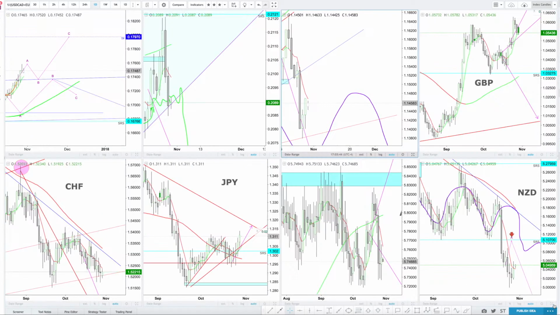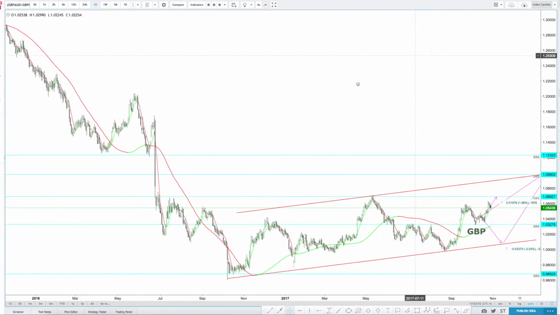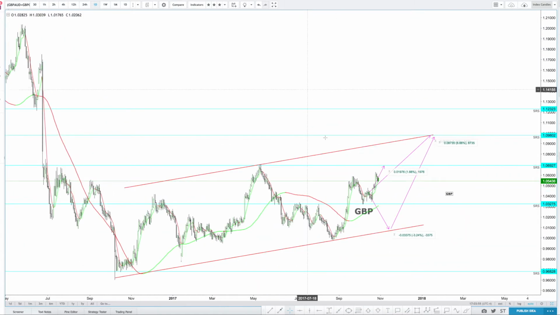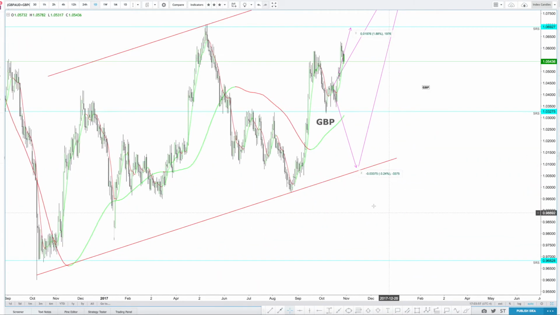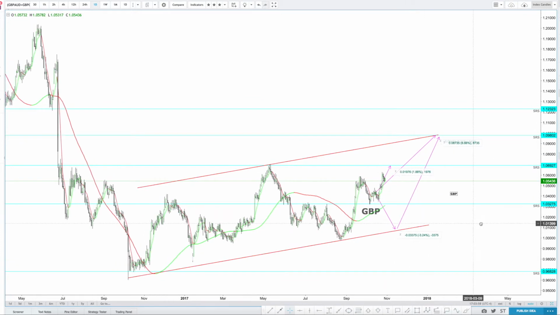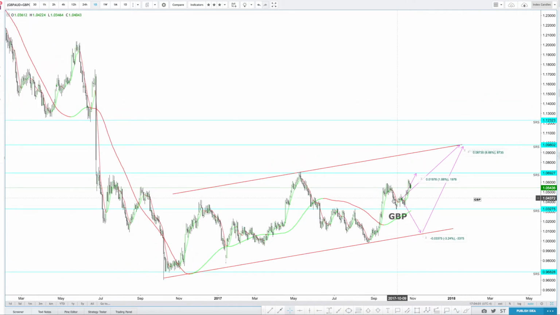Let's look at British pound. When I started a few weeks ago on this currency, I was talking how we're in the middle of this trend channel, so we could really go either way. I've been pretty bullish on British pound, and we didn't get this pullback.